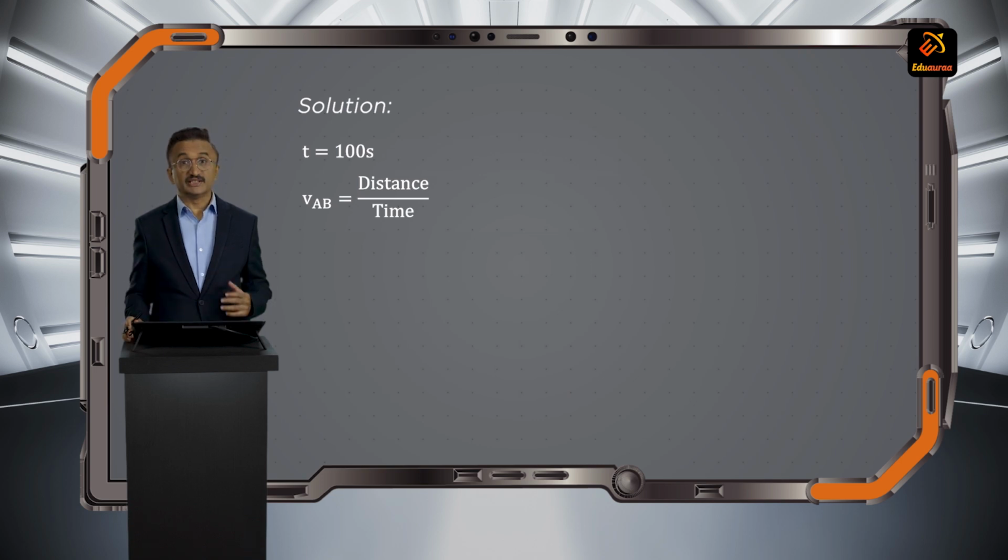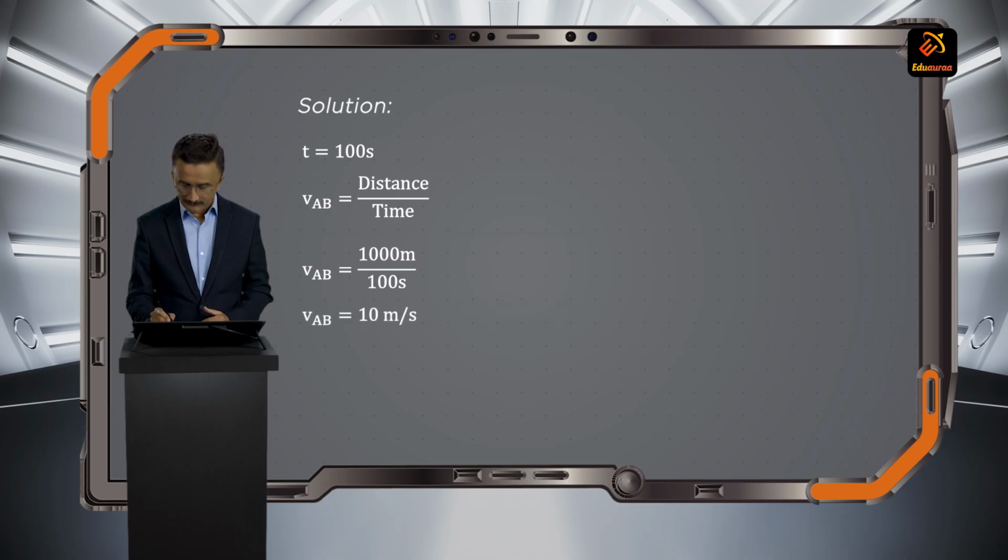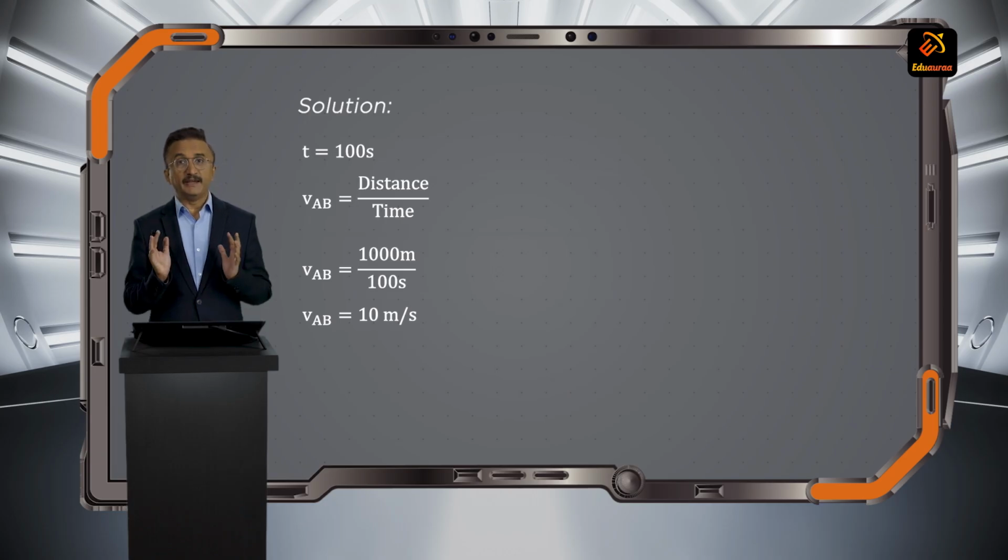The relative distance is 1 kilometer, so it is 1000 meter divided by time, 100 seconds. So it is 10 meter per second. So that is the relative velocity of A with respect to B. So VAB is equal to 10 meter per second.